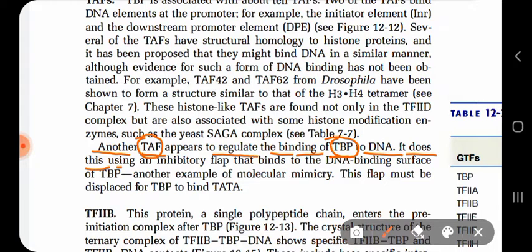It does this by using an inhibitory flap that binds to the DNA binding surface of TBP.